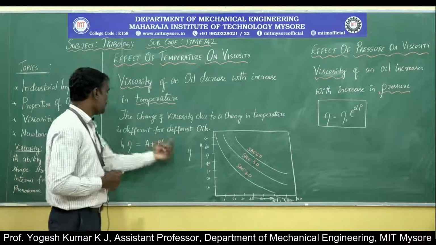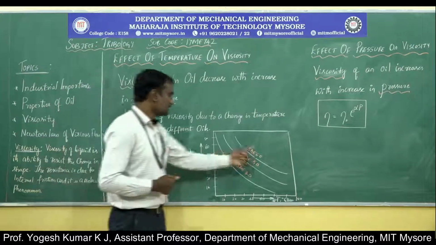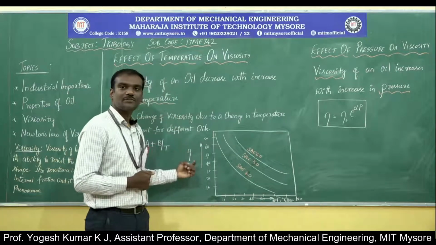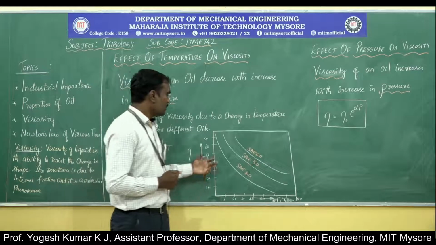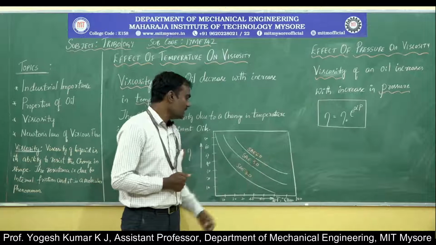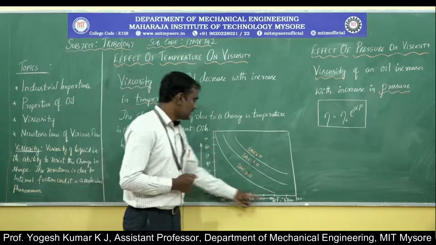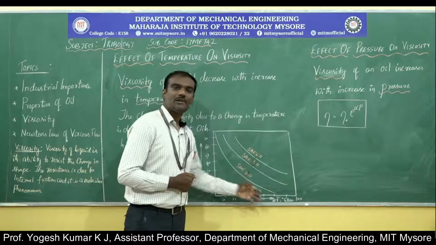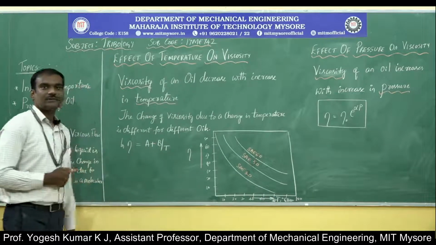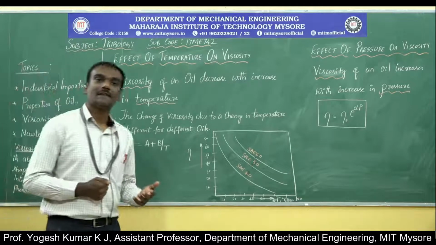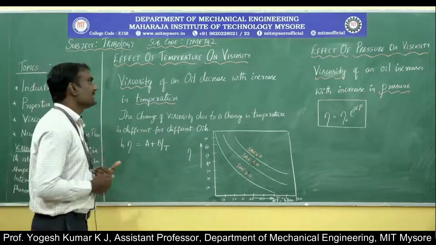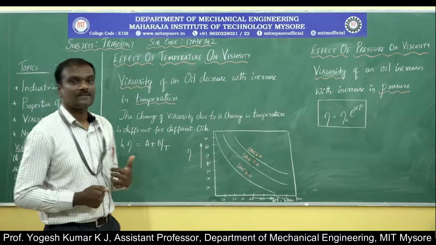When we plot a graph for different oils, with temperature along the x-axis and absolute viscosity in centistokes along the y-axis, for three different oils, SAE 40, 50 and 60, as you can observe, as the temperature increases, the viscosity of an oil comes down. So in brief, this is the effect of temperature on viscosity: as the temperature increases, the viscosity of an oil decreases.